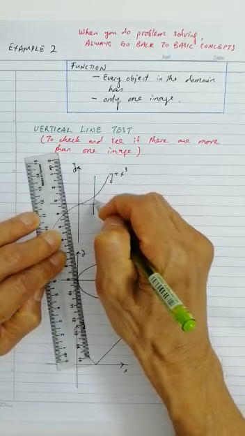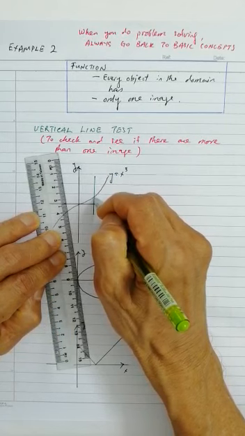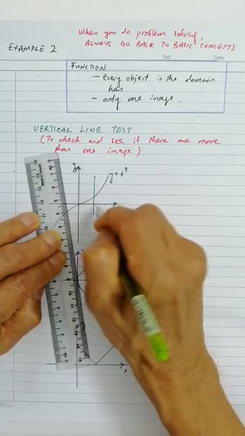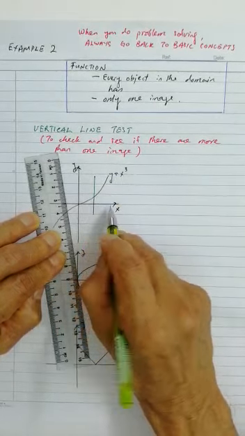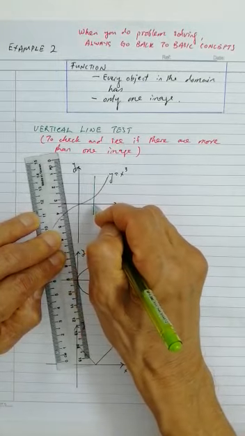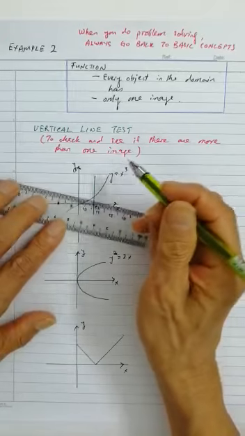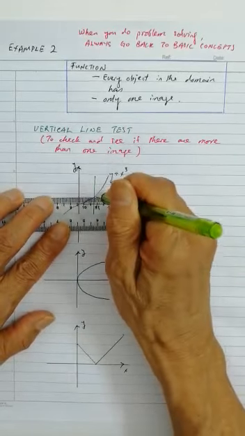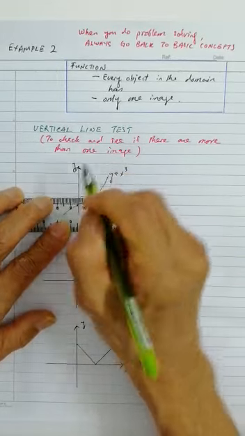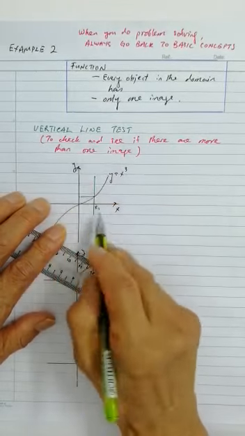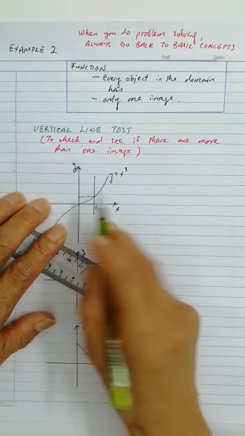For any object in the domain, let's say the object here, we call it x1, there is only one image. So for every object, there's only one image.